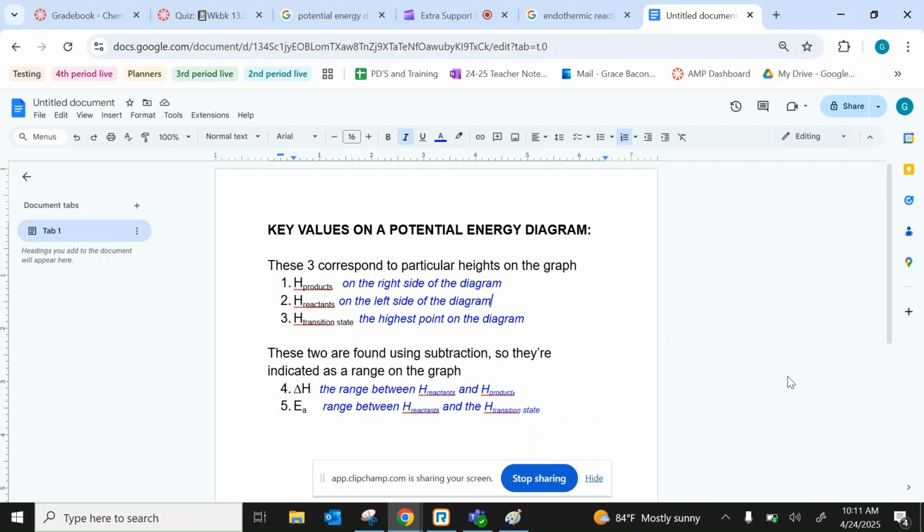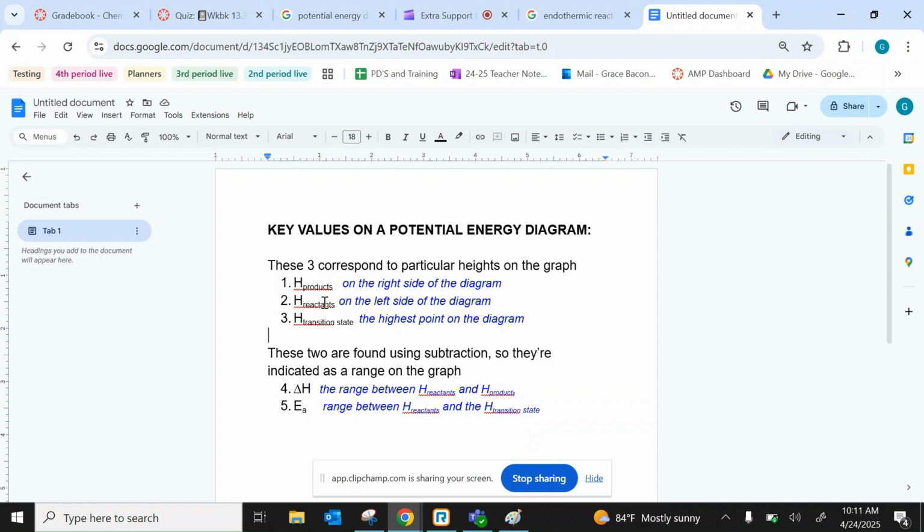So when we're looking at a potential energy diagram, there are always 5 things that we're looking for. We're looking for the enthalpy of the products, the enthalpy of the reactants, and the enthalpy of the transition state. These are all going to correspond to a particular height on the graph. The reactants will always be first on the left side because we're looking at a potential energy diagram showing us the reaction progress.